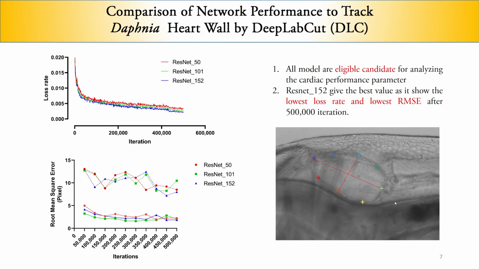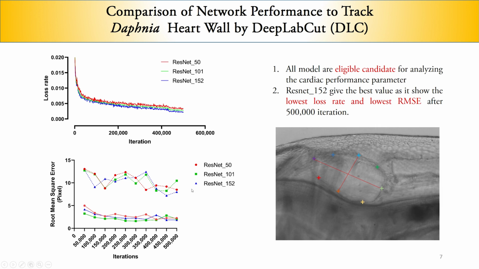And this is the comparison of network performance to track the Daphnia heart by using DeepLabCut. In this case, as I already told before, we use three different kinds of networks, and it seems that ResNet 152 gives the best result, shown by the lowest loss rate compared to the other networks.